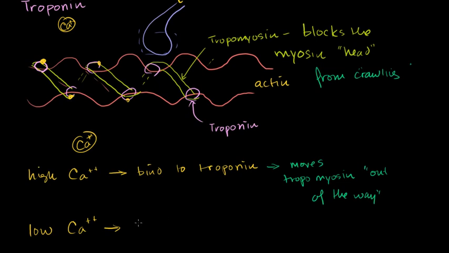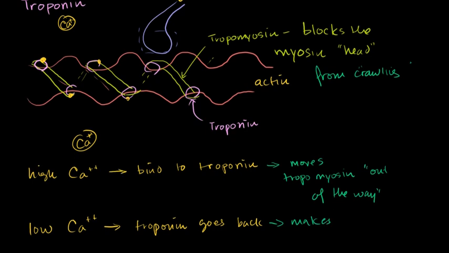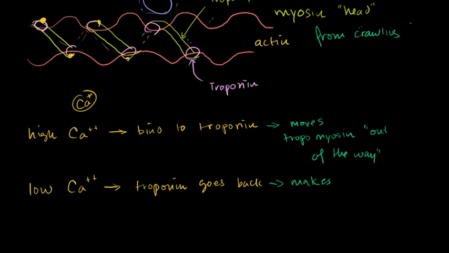So then the troponin goes back to the standard conformation, and that makes the tropomyosin block again.